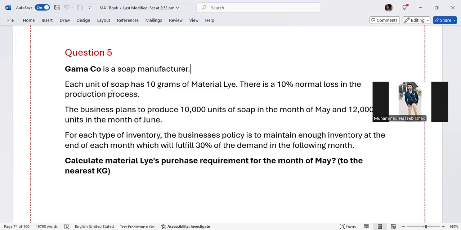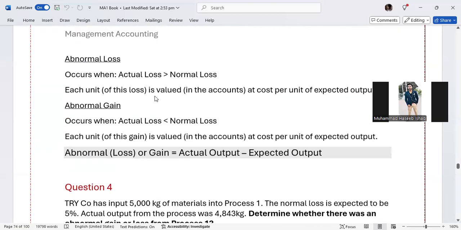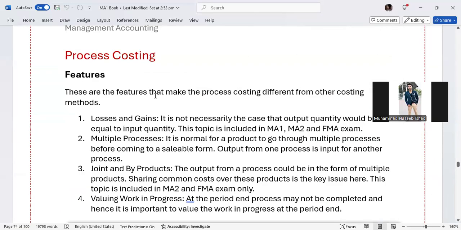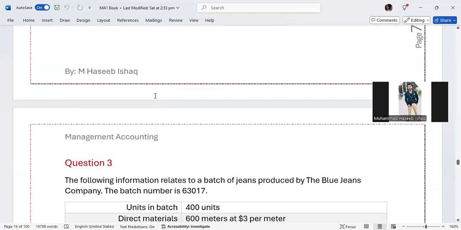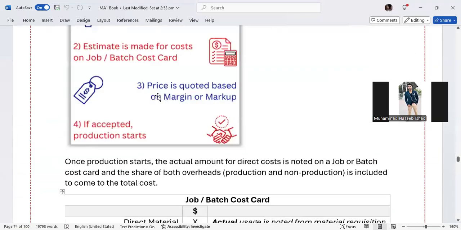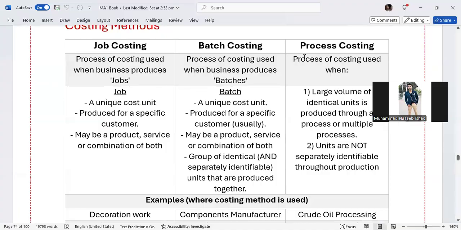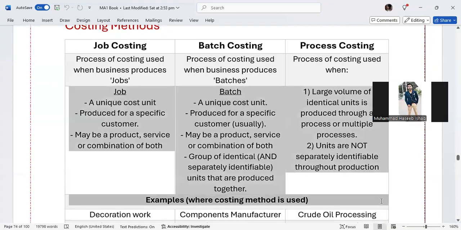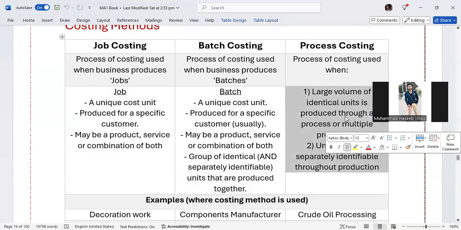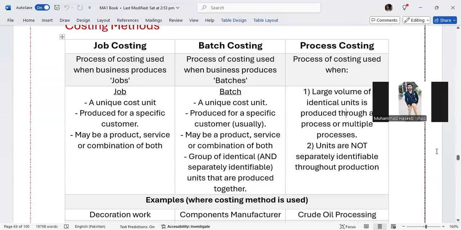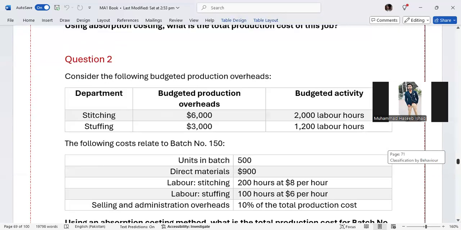During production, when the material for the soap is being prepared, you cannot identify each different unit of soap separately. So both of these criteria are met, and that is why the business would be using process costing. Where were these criteria written? They were written in here. Large volume of identical units are produced through a process or multiple processes. Units are not separately identifiable throughout production.